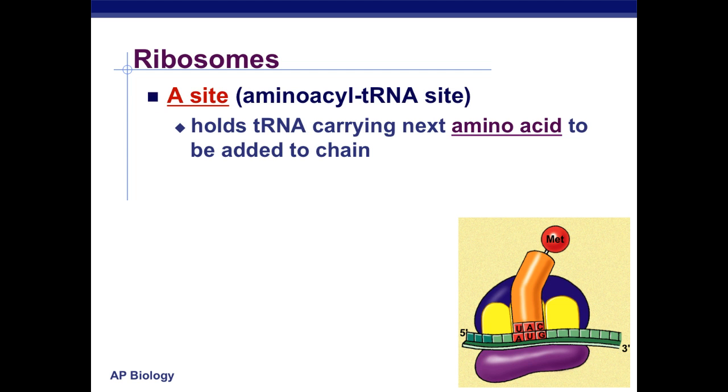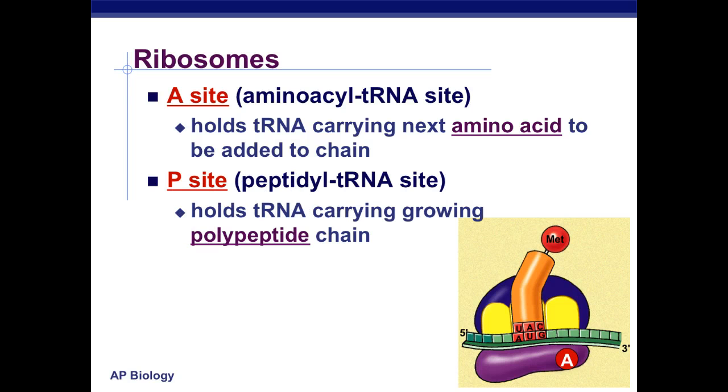So at the ribosome you have the A site, the aminoacyl tRNA site. This holds the tRNA carrying the next amino acid to be added. Then you have the P site, which is the peptidyl tRNA site. This holds tRNA carrying the growing polypeptide chain.